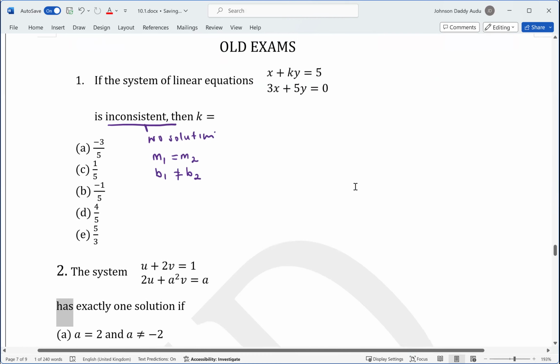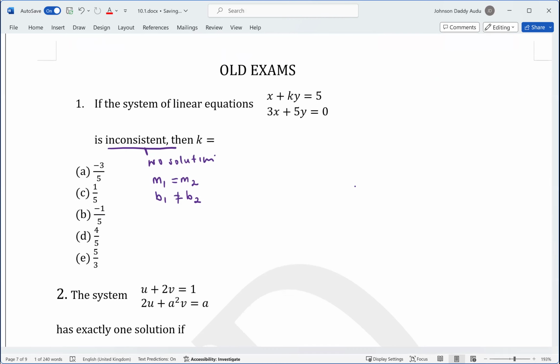So all we need to do now is to get the slope of the line. So first of all, you rewrite this in terms of slope-intercept form. This will give you ky equals minus x plus 5, right? And this means that y is just minus x over k plus 5 over k.